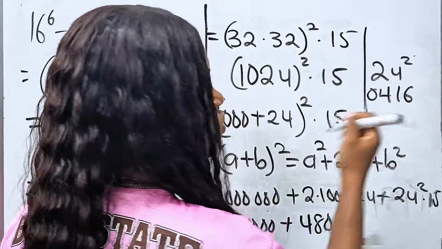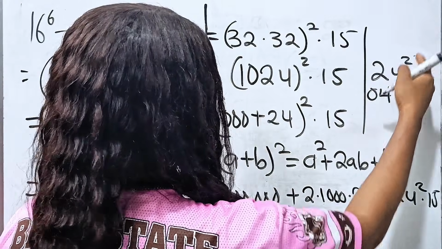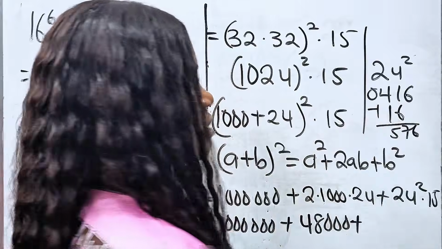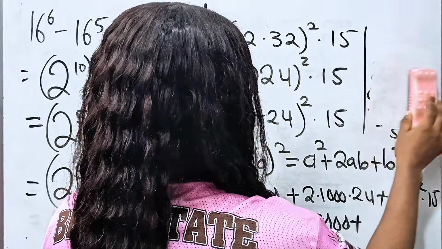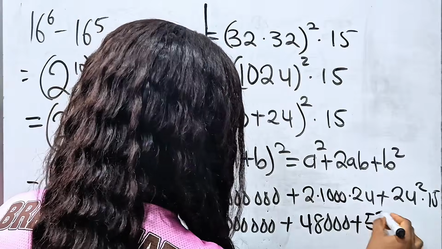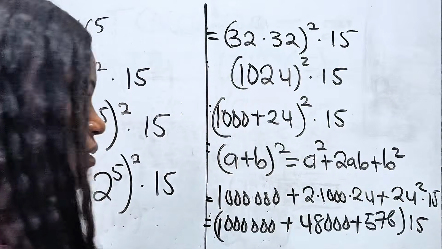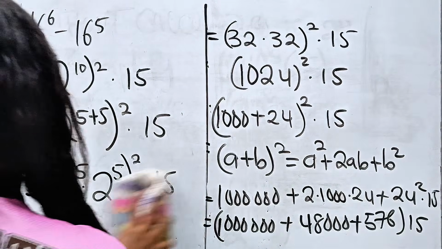So write it as a 2-digit number, 04. 2 times 4 is 8, and 8 times 2 is 16. We add: 5, 7, 6. So we have 576 here, multiplied by 15. You can see that we are almost there. Almost, but not there yet.